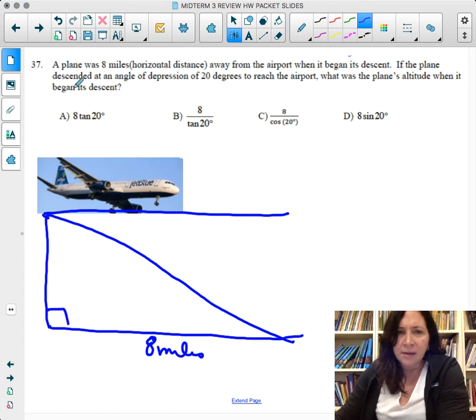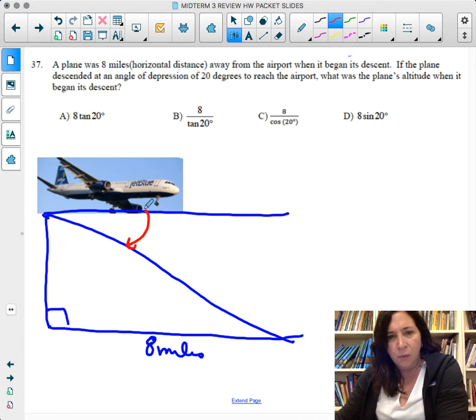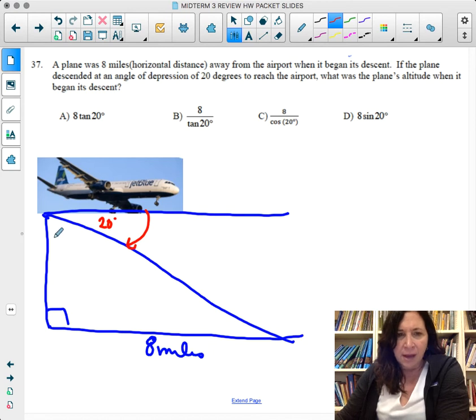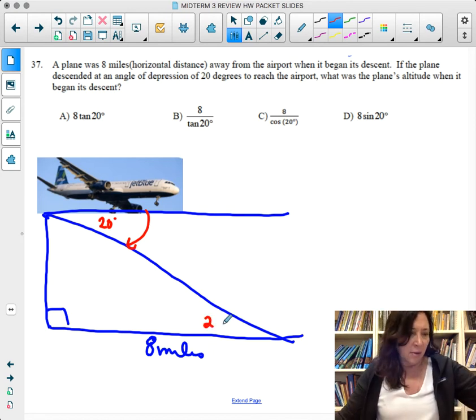If the plane descended at an angle of depression of 20 degrees, so keep in mind when the airplane starts descending, it's going down that way. That's 20 degrees. That angle, not that angle. That angle is the same angle as this angle right here.